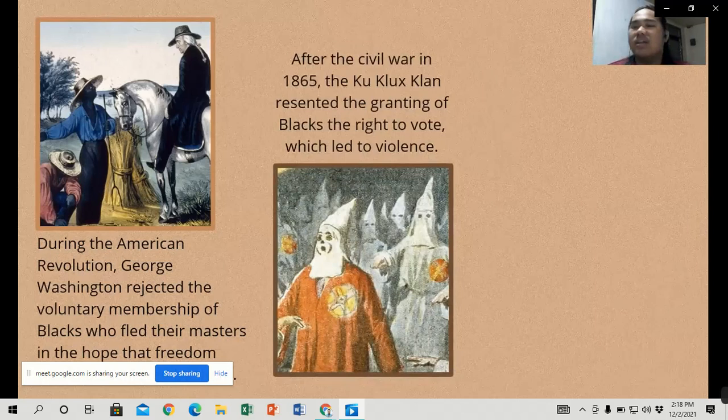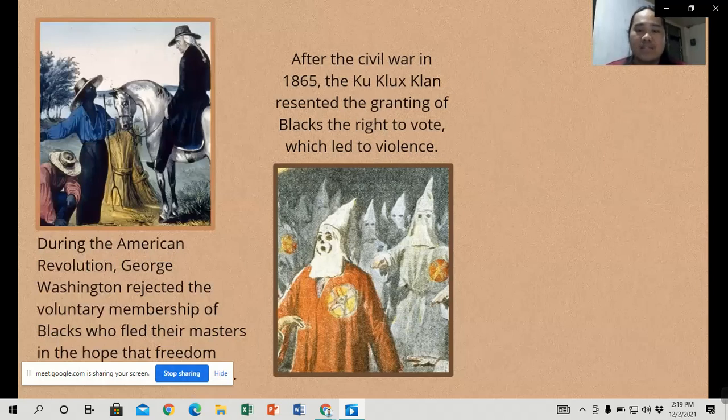They are known for white supremacy. Whites have the power or the privilege to live and to have the abundance of their country. So they are against black people. So they're discriminating, which led to different issues and problems, especially violence.